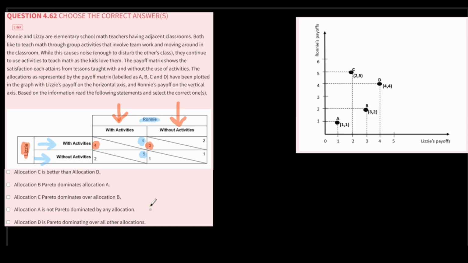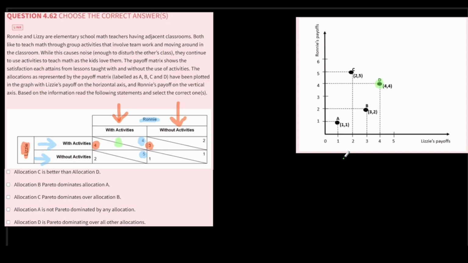So again, Ronnie has a dominant strategy. That dominant strategy is with activities. As a result, we have a dominant equilibrium. I'll do that in green. That is also our Nash equilibrium, which is activities, activities. 4, 4, where is that? That is that guy there. That is our 4, 4.